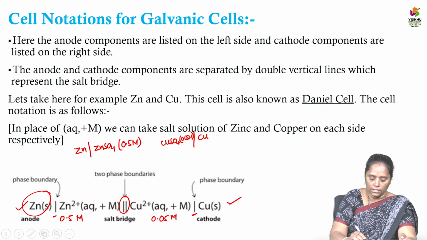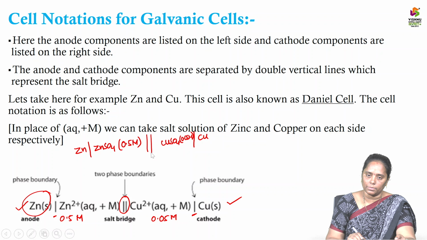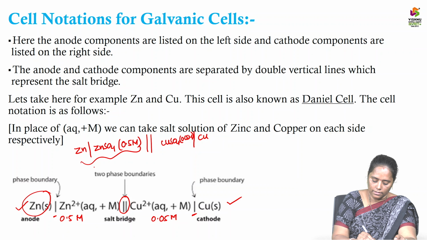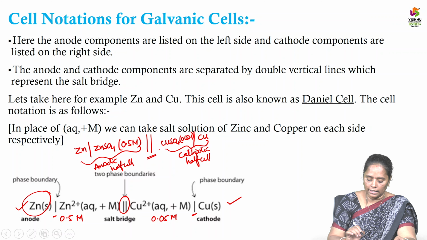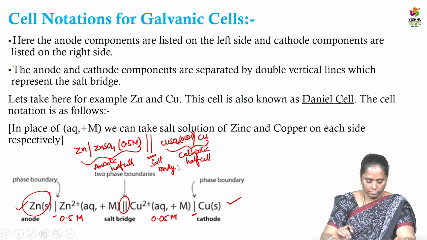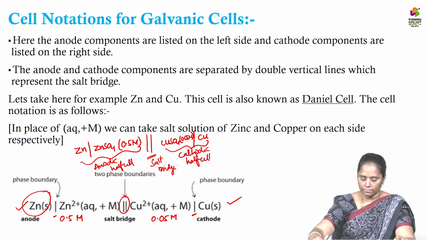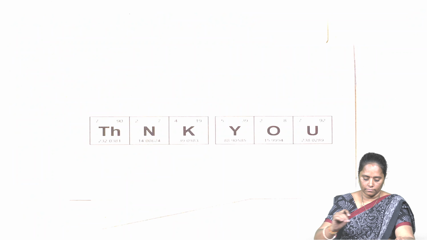These two half cells should be separated by the salt bridge. This is the anodic half cell. This is the cathodic half cell. The double vertical line represents the salt bridge. Thank you.